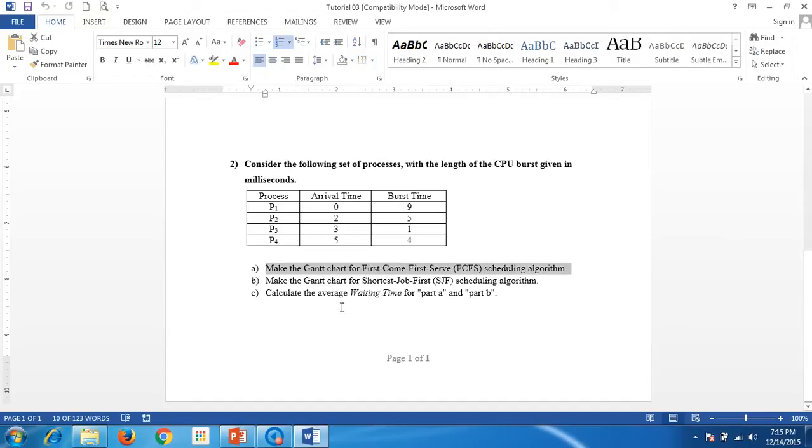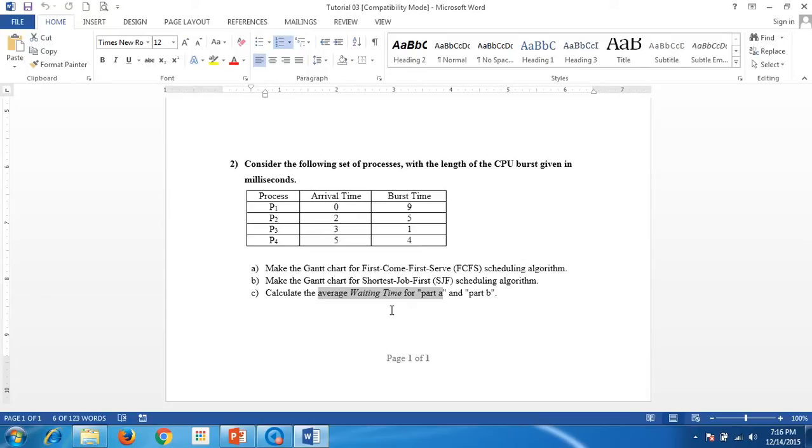Now you need to make a Gantt chart for the first come first serve scheduling algorithm. Of course, whenever you make the Gantt chart, and after this calculate the average waiting time, it will be different, because you have the formula: execution start time minus arrival time.